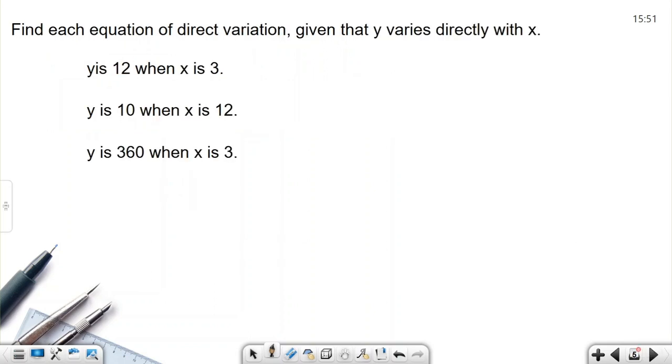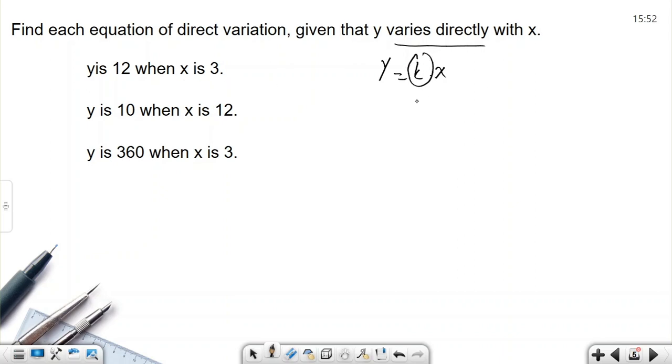Find each equation of direct variation given that y varies directly with x. So the given is a direct variation because y varies directly with x. What is our rule? y equals k times x. So y is 12 when x is 3.